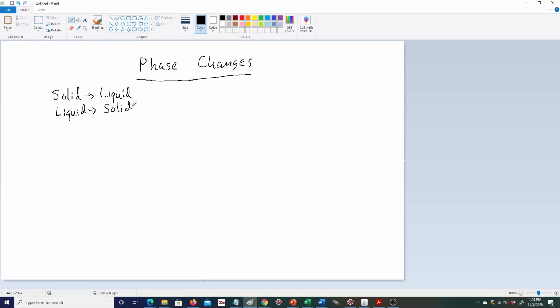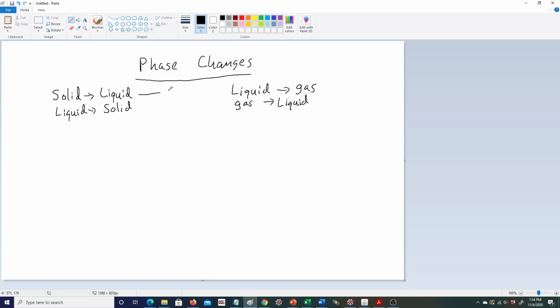So that's the solid-liquid barrier, but we also have the liquid to gas as well. If we're going from a liquid to a gas, then we're also gaining heat. And if we go from a gas to a liquid, we're losing heat.